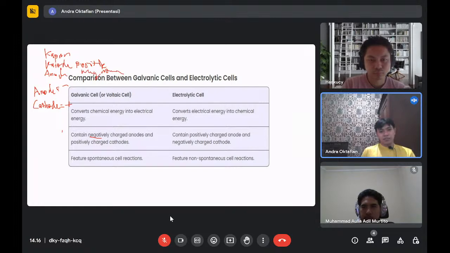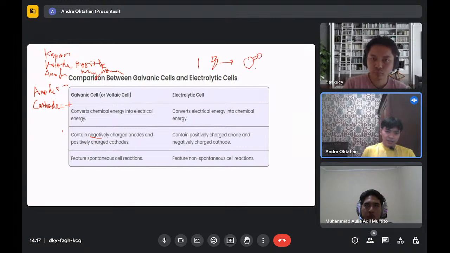All right, this is for the galvanic or voltaic cell. Now we turn to the electrolytic cell, or electrolysis. It is a non-spontaneous cell reaction. Why? Because it converts electrical energy into chemical energy, and it has a positively charged anode.